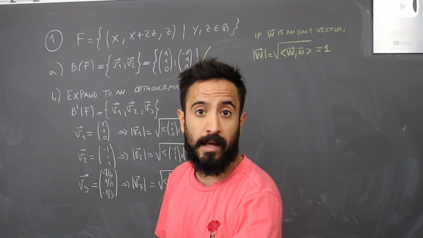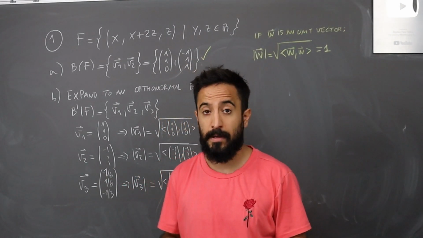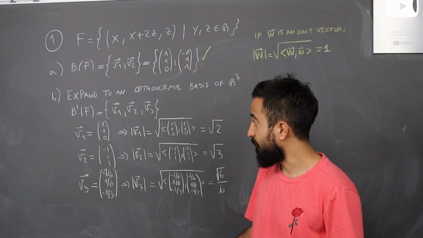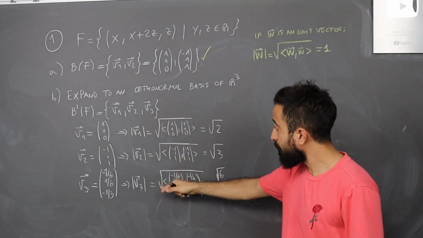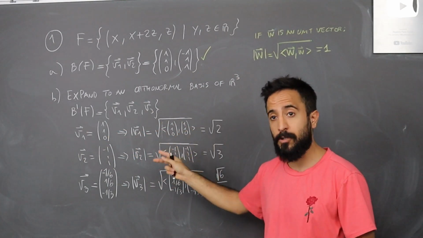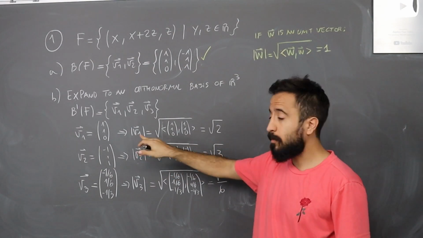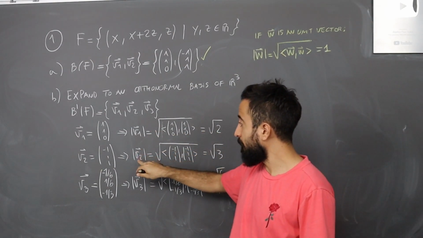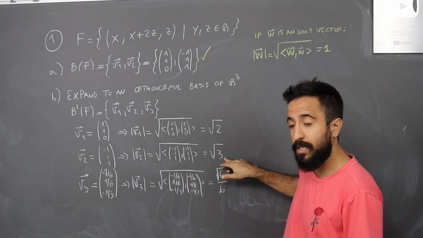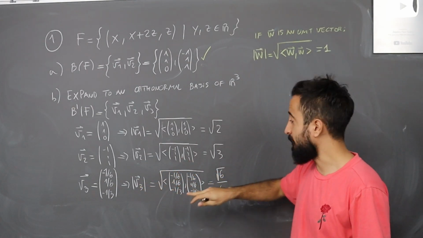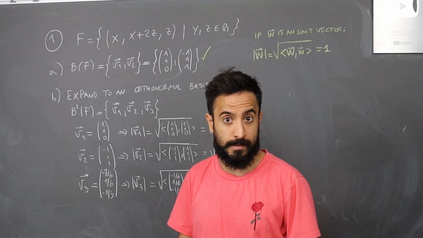So let's calculate the length of the three vectors we have, b1, b2, and b3, as follows: square root of the inner product of the vectors with themselves. With b1, we get the square root of 2, with b2, we get the square root of 3, and with b3, we get the square root of 6 over 6.